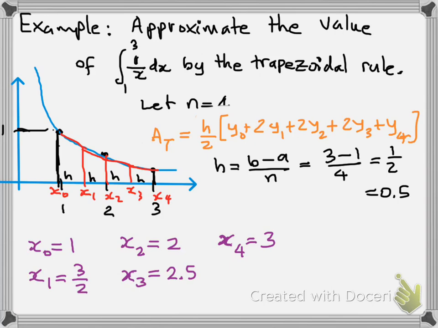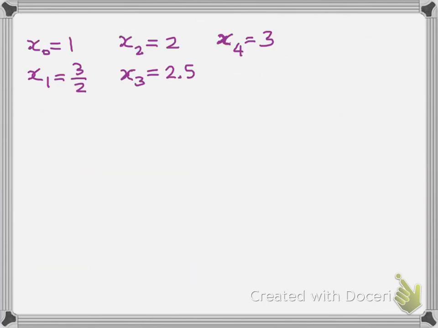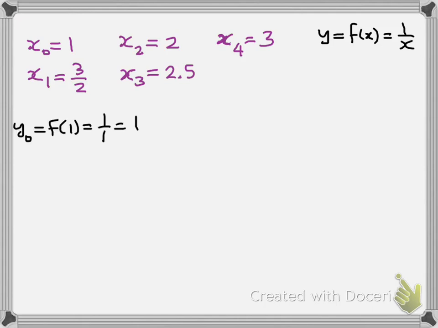And then we need to figure out their corresponding y values. So these are all the x values. Their corresponding y values we can calculate. Since the function is y equals f of x, which is 1 over x, so if x sub 0 is 1, y sub 0 is f of 1, which is 1 over 1, that's equal to 1. Y sub 1 is f of x sub 1.